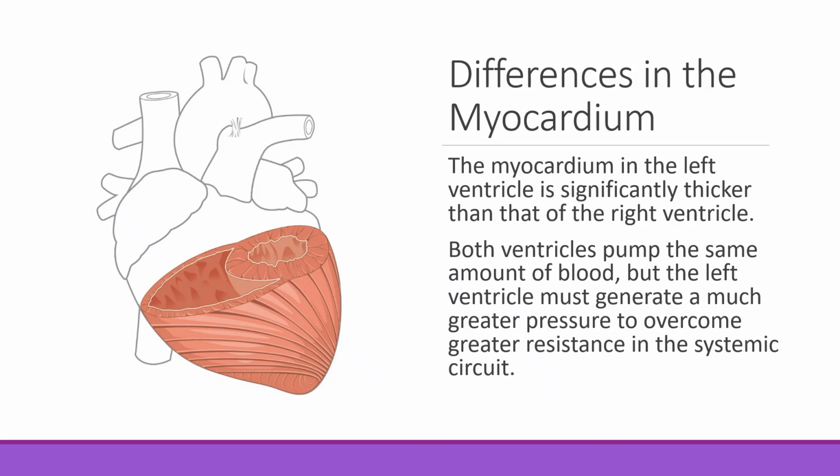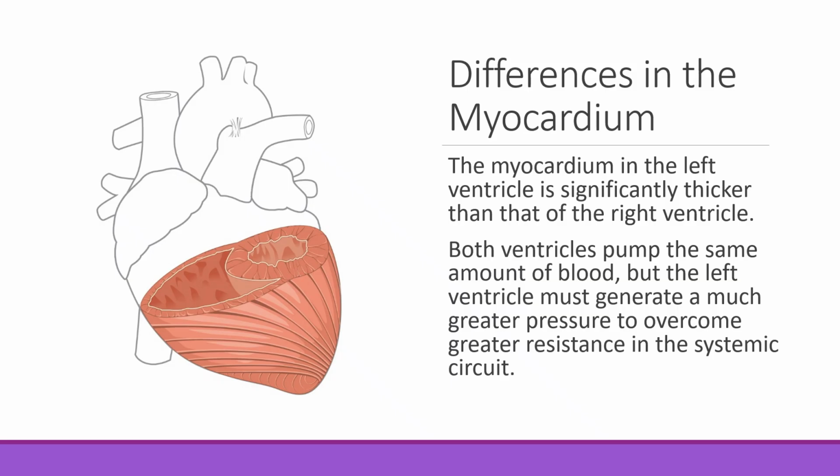So the myocardium is going to have some differences. The myocardium in the left ventricle, because it's taking blood out to the entire body, is going to be significantly thicker. So both ventricles are pumping the same amount of blood, but the left ventricle has to generate a whole lot more pressure to overcome the resistance that it's going to encounter in the vessels.